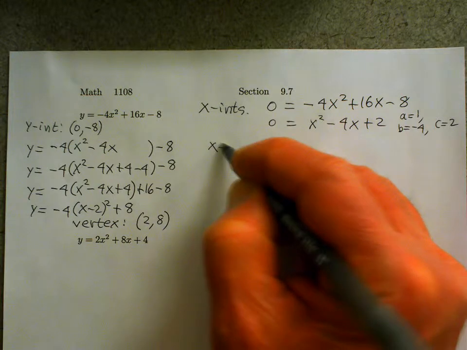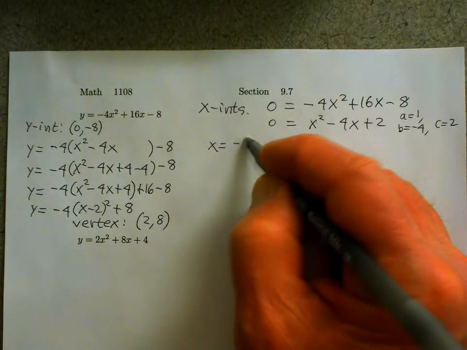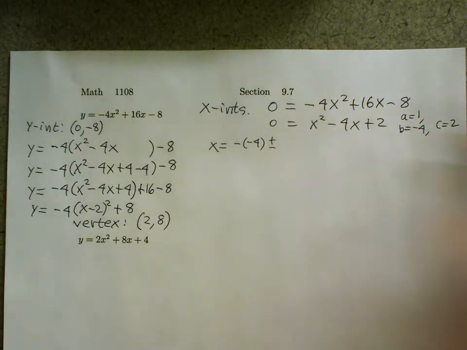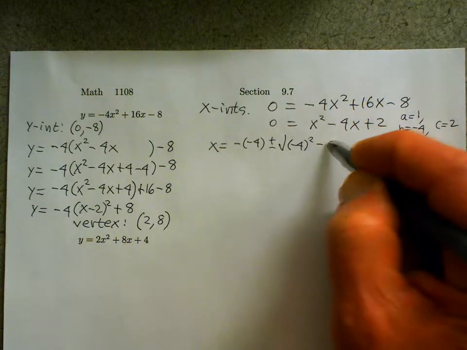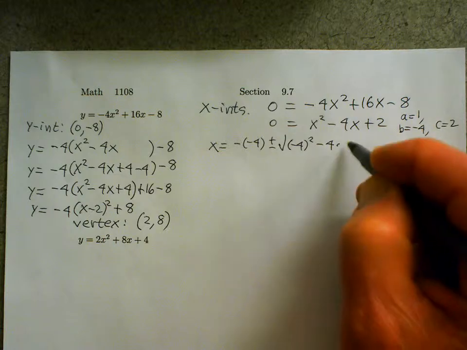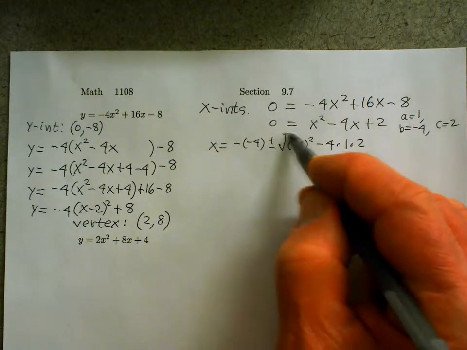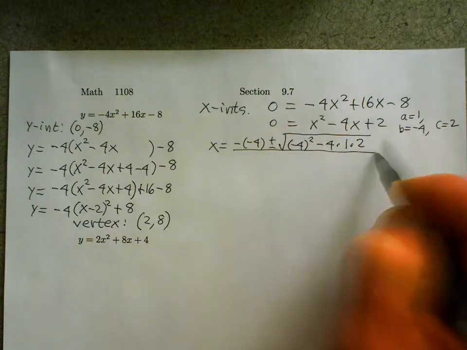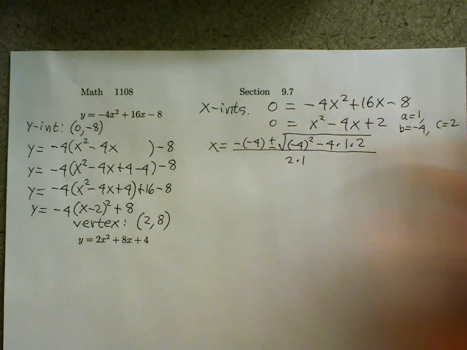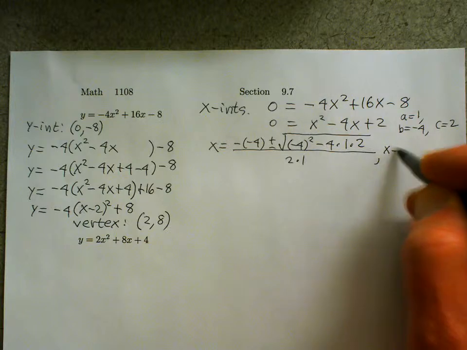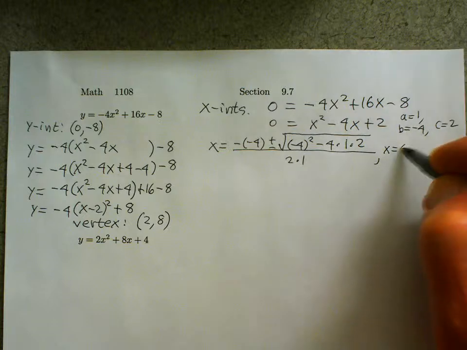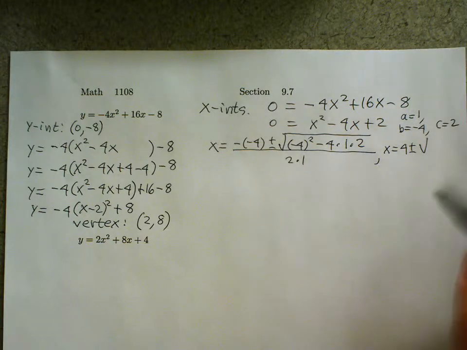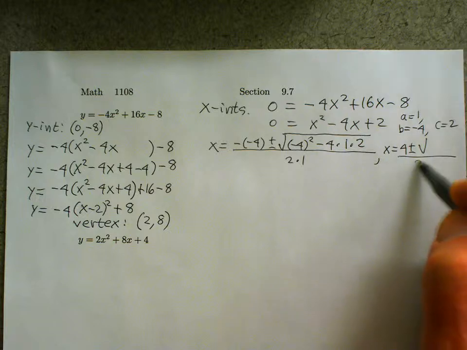So we get x equals the negative of -4 plus and minus the square root of the number -4 squared minus 4 times 1 times 2, all divided by 2 times 1. Then the negative of -4 is 4, plus and minus the square root of some number divided by 2.